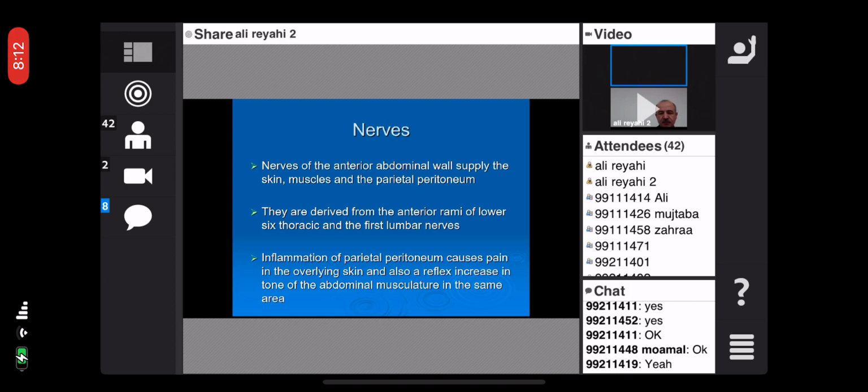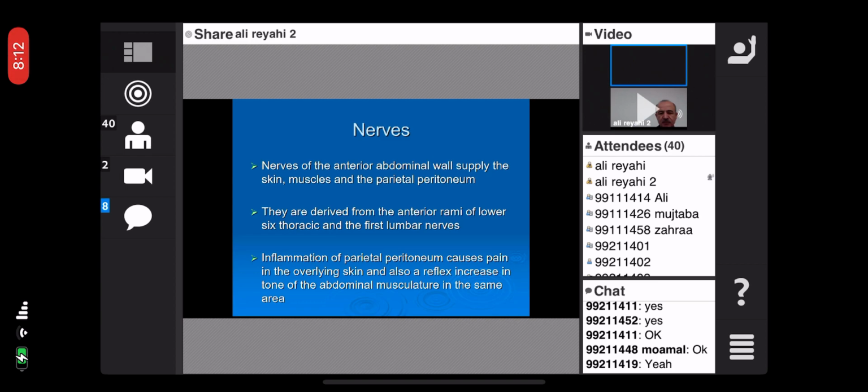Okay. And these nerves are branches of the lower 6 thoracic and the first lumbar nerve. And attention please, the inflammation of the parietal peritoneum. Parietal peritoneum is a layer of the anterior and lateral abdominal wall.